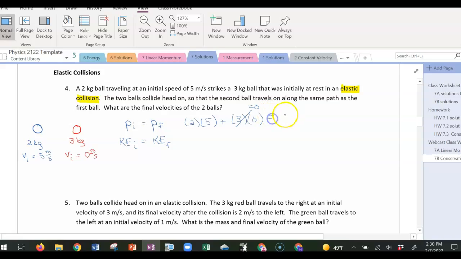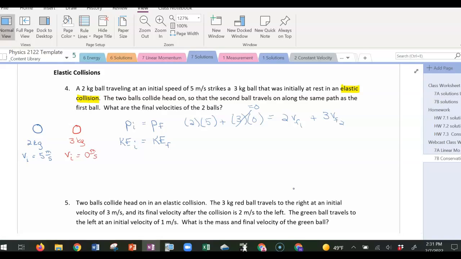That's going to equal the 2 kilogram ball times the final velocity of number 1 plus the 3 kilogram ball times the final velocity of number 2. My subscripts are maybe a little messed up right here. Let me fix that. 2 times the final velocity of number 1 plus 3 times the final velocity of number 2. Okay, so that's true.